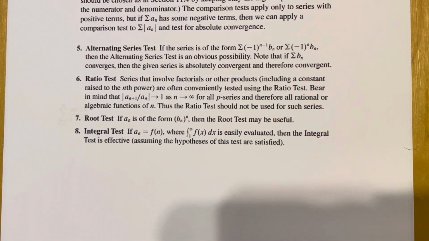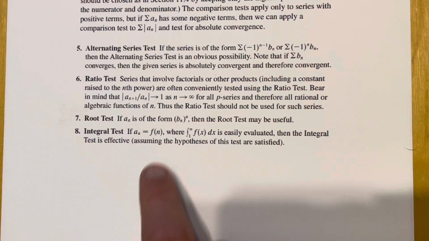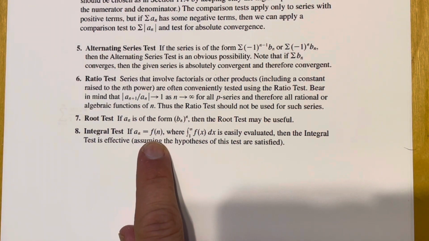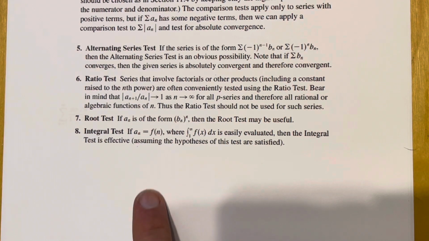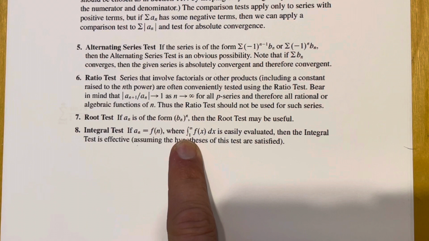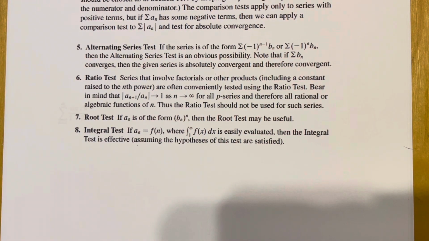It has to be decreasing and continuous, and all the terms have to be positive as n goes from 1 to infinity. And then we define a real valued function that agrees with the terms of our sequence for all of these positive integers n. And then we have to compute an improper integral. So this can be a useful test, but sometimes computing that integral can be very difficult. So, again, that's kind of your last resort. The integral test is not really what you want to start with.